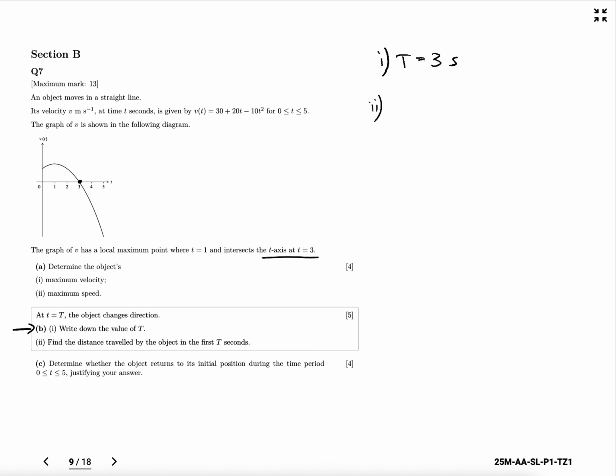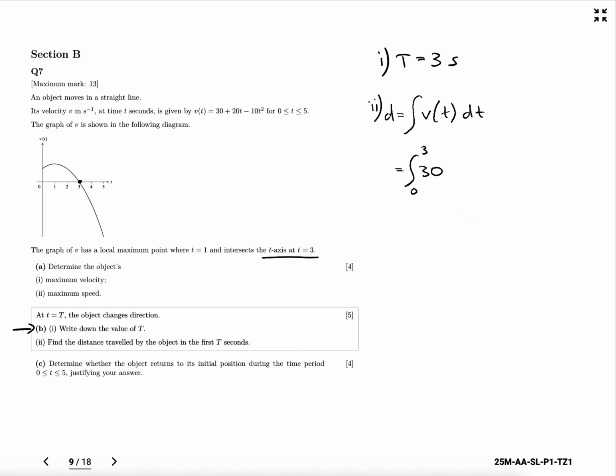And part 2, find the distance traveled by the object in the first T seconds. And distance from velocity is an integral. So distance is the integral of v(t) with respect to t with the time limits. So in our case, it's going to be from 0 seconds to 3 seconds. And the function is this one.